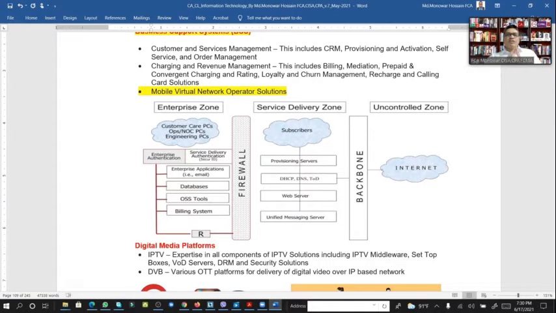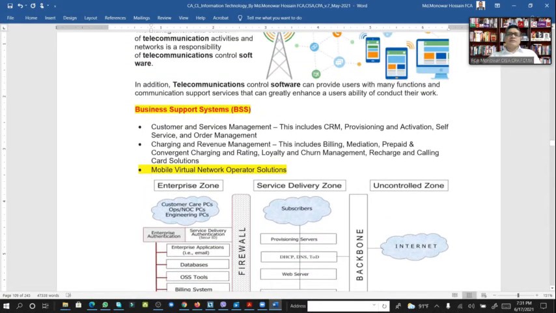Customer care or PCs within the organization use different layers: enterprise authentication, enterprise applications, databases, OSS tools, and billing systems. A firewall protects that data from virus attacks and other threats. In the service delivery zone, we have DNS, TOD, web server, etc., which go to the backbone of the organization's architecture, and through the internet they work with the business support system.